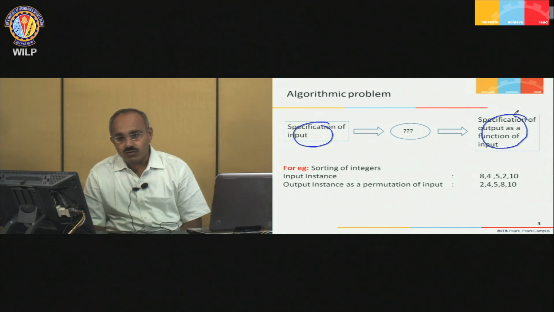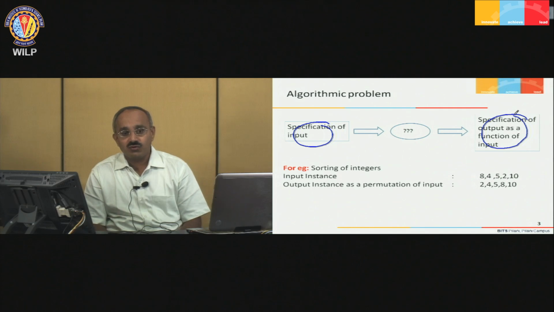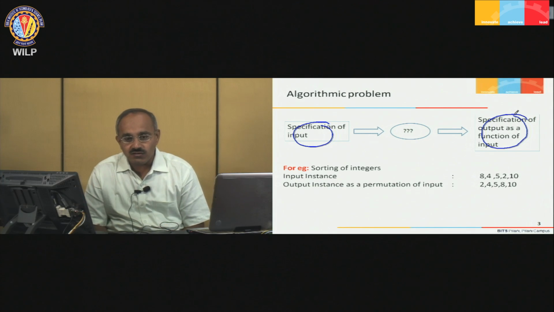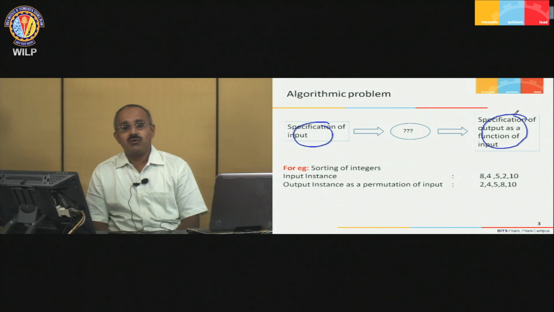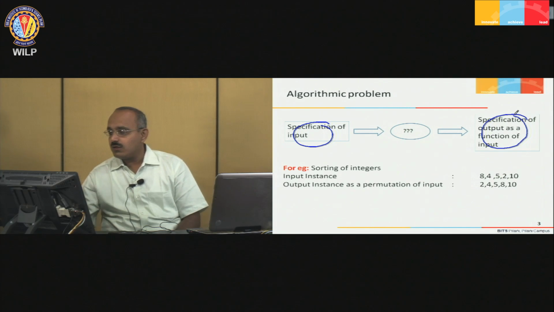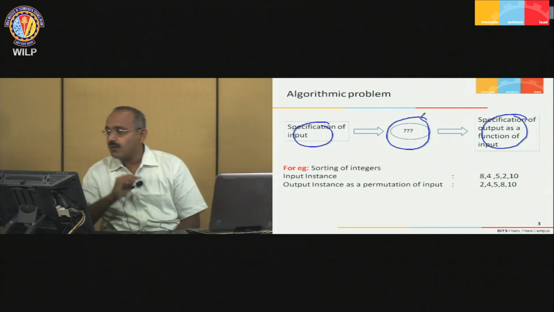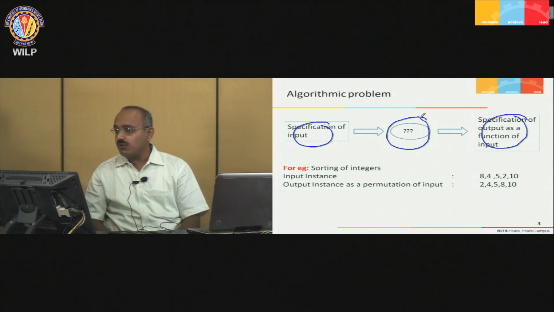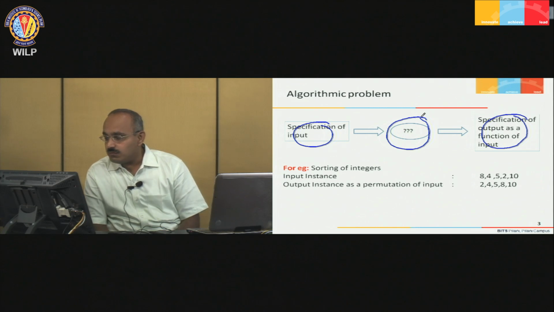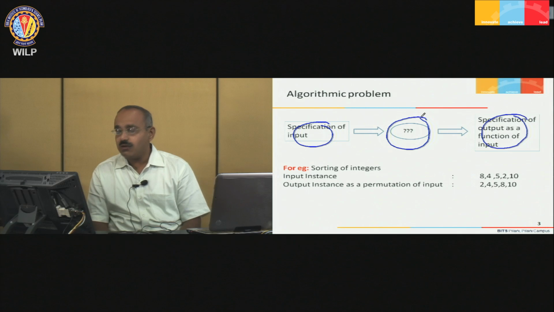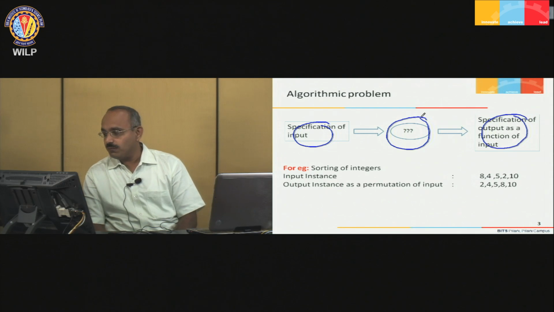If we are given a quadratic equation, we know we want to find the roots of the quadratic equation, or if you are given a sequence of numbers and you want to arrange them in increasing order, we know exactly, given an input, what output we expect. What is important is the part which is going to be an interface between the input and the output, and that is precisely what an algorithm would do.